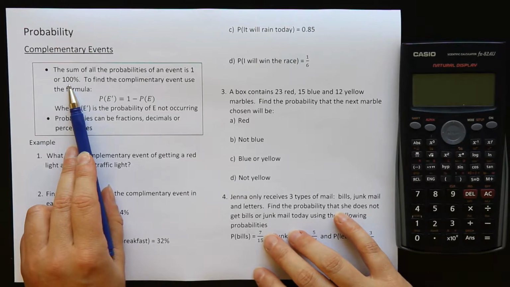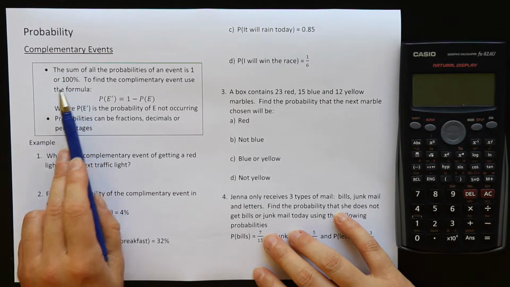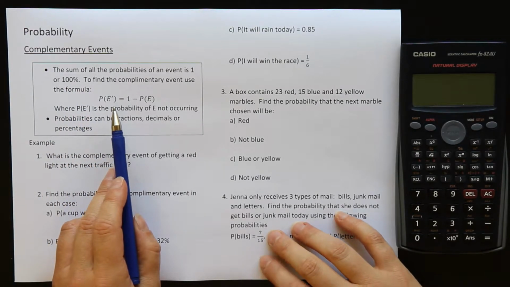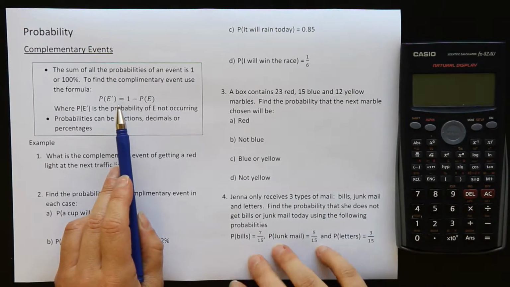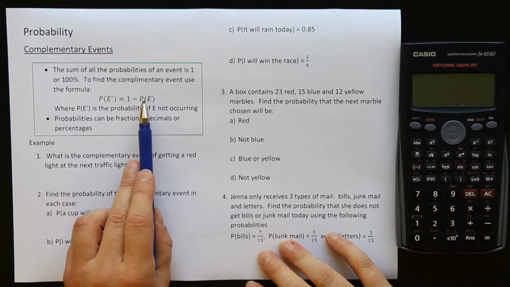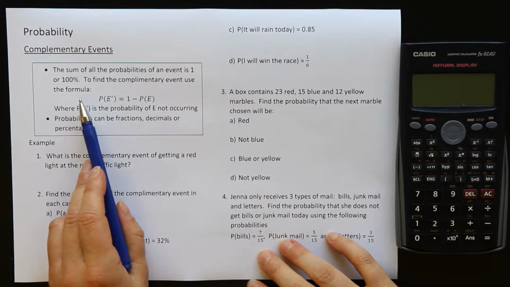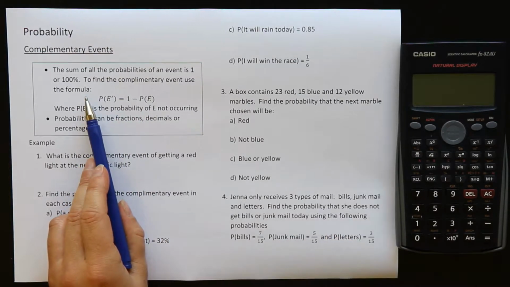So if that's true, if we know the probability of one thing happening, like the probability of rolling a 6 on a dice is a 1 in 6 chance, then the complementary event, not rolling a 6, is finding the probability of everything else.